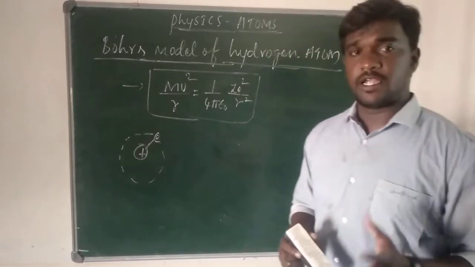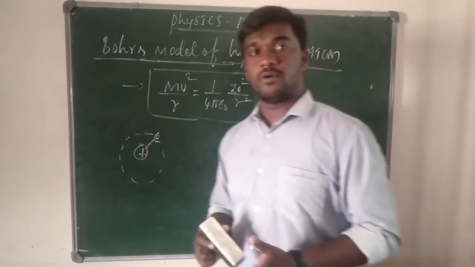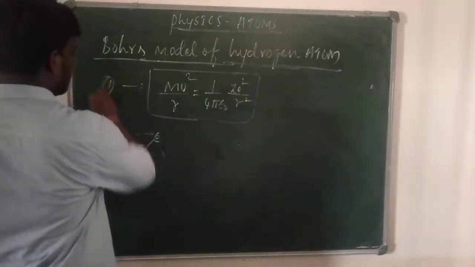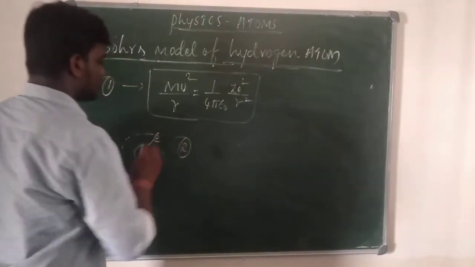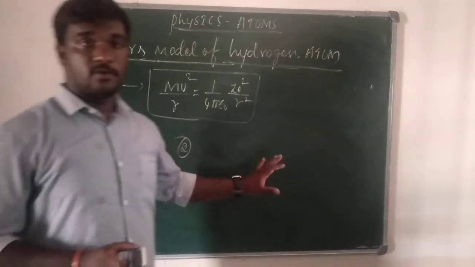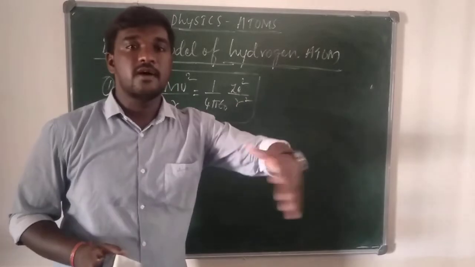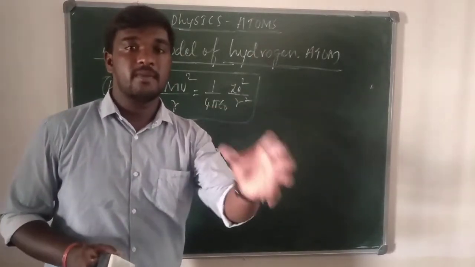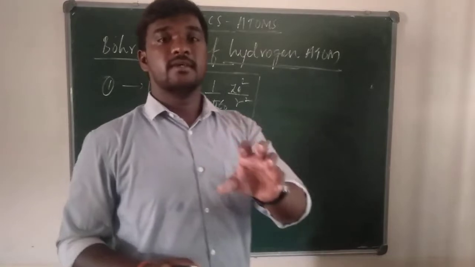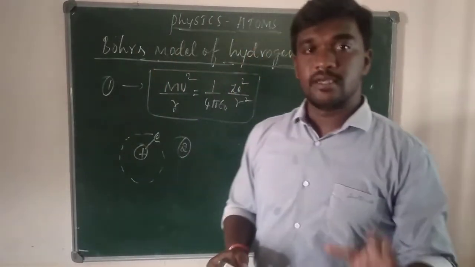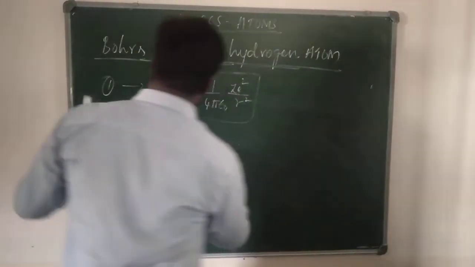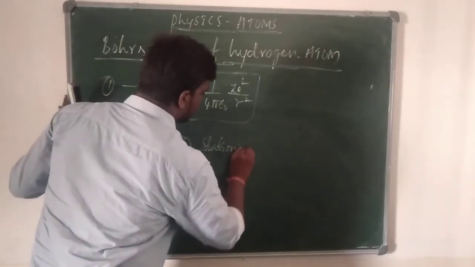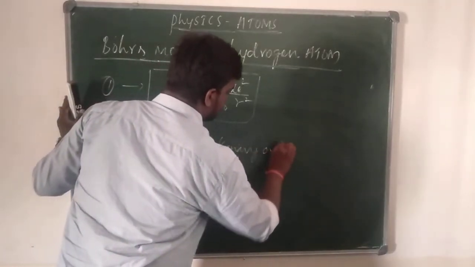Another postulate, according to Bohr. The first postulate was that; this one is the second postulate. According to Bohr, the electron revolves around the nucleus in certain stable orbits, which are called stationary orbits.